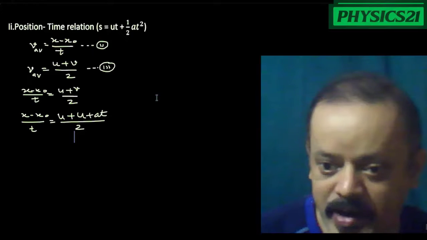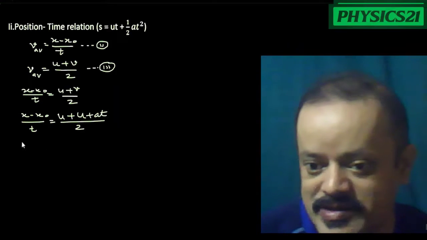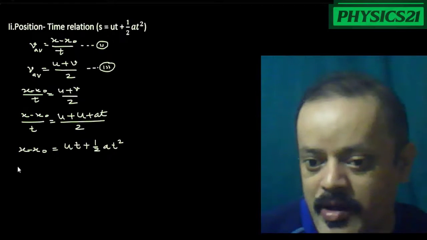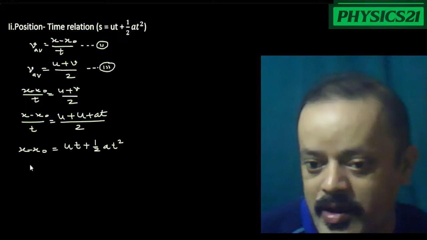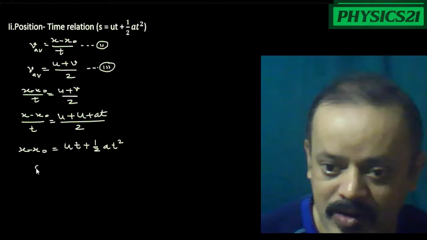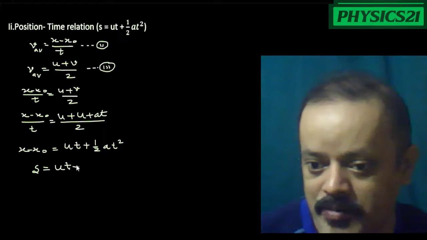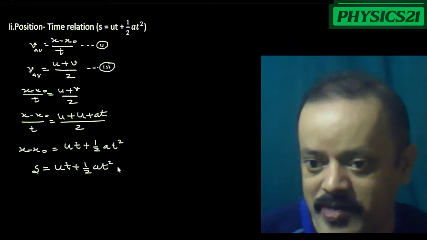Now as we simplify, in next step we get x minus x naught equals ut plus half at square. In place of x minus x naught, we can write s, which is displacement. So the equation will be s equals ut plus half at square, which is the second equation of motion. Let this be equation 4.